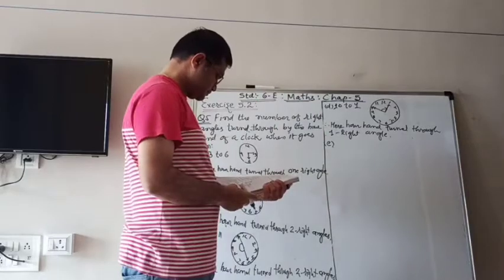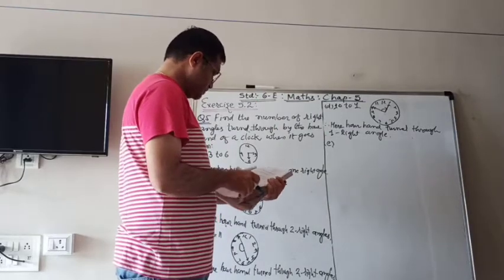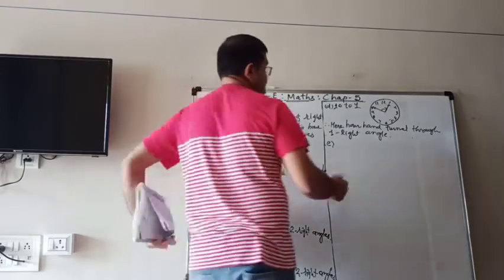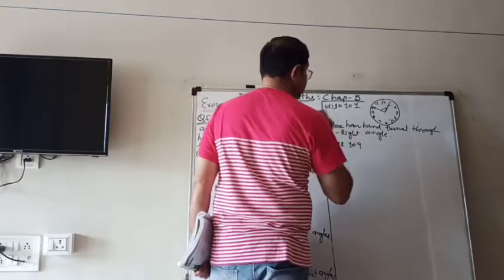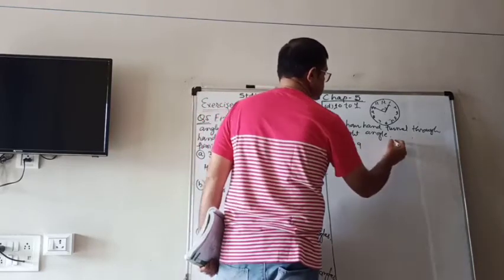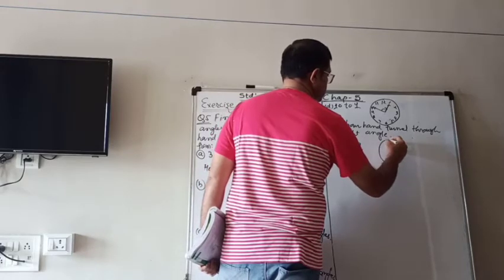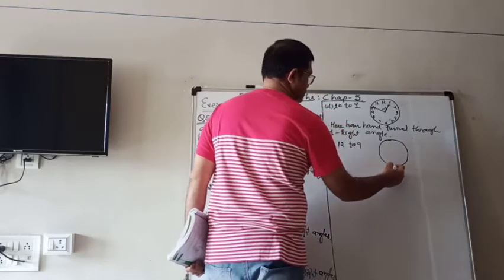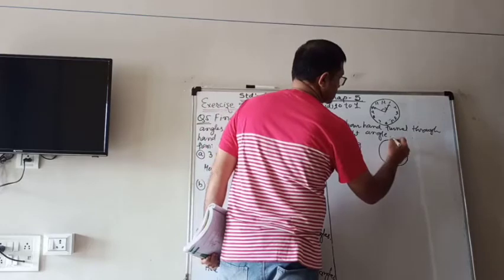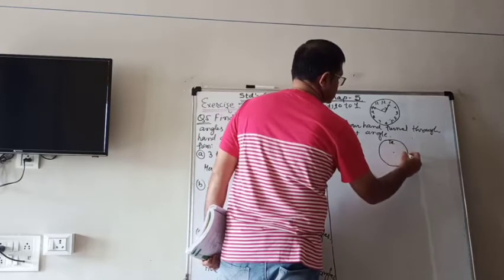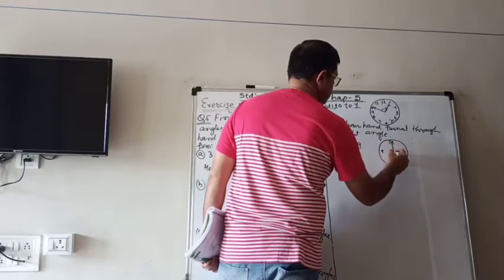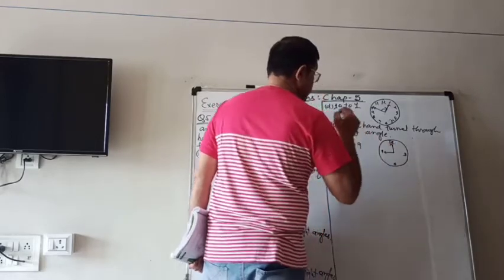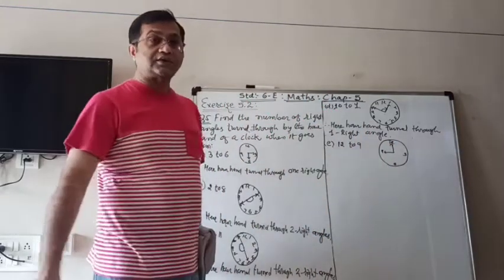Then E, it is 12 to 9. From 12 to 9, students can make a mistake.